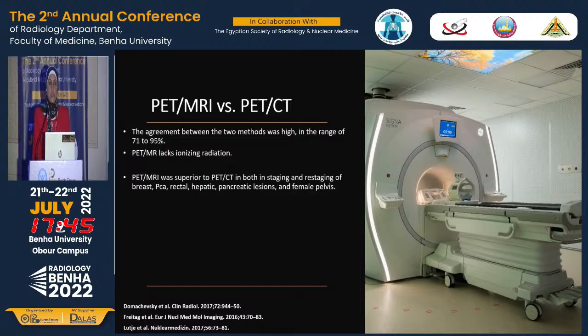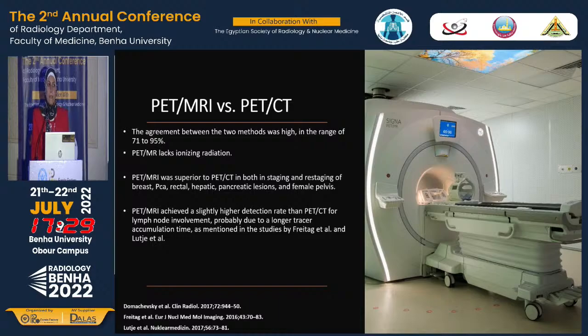Also, PET MRI is superior to CT for local staging in some organs. For example, the breast, the prostate, the pancreas, and the colorectal region are better evaluated by MRI compared to CT.